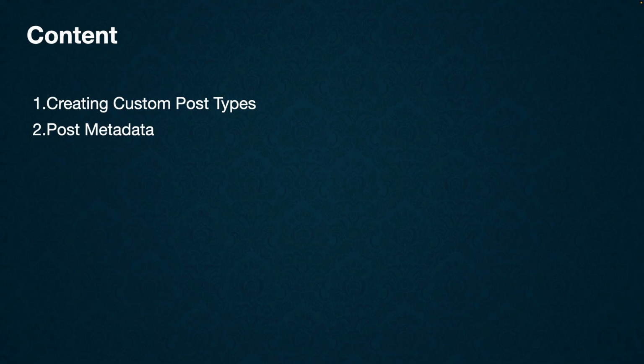For that you will need to add extra metadata or extra information for each post. So we will discuss how to add extra information on each post in the post metadata chapter. And then we will discuss how to create meta boxes. Meta boxes are basically the boxes where you add your fields and save these meta values as post metadata. So we will discuss a lot of things in this chapter.